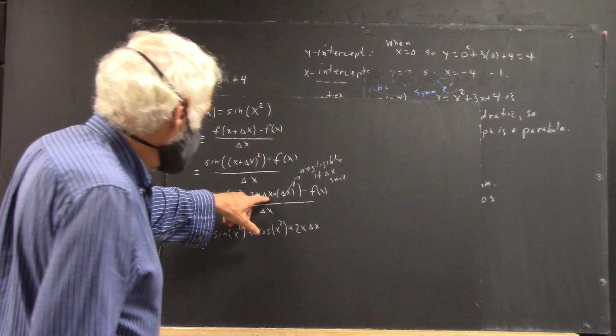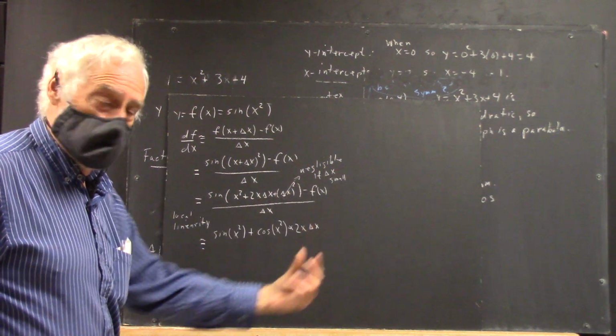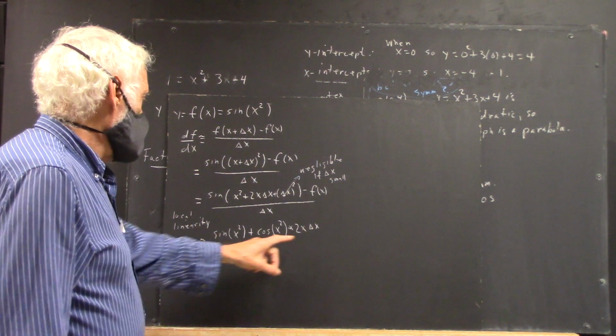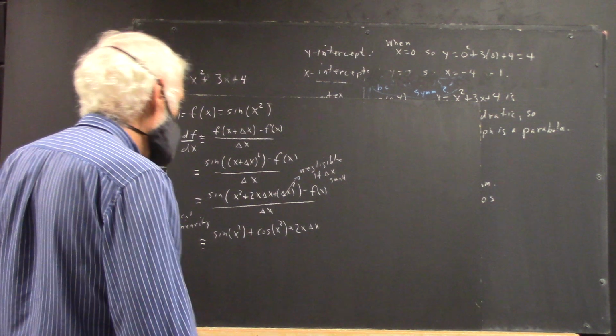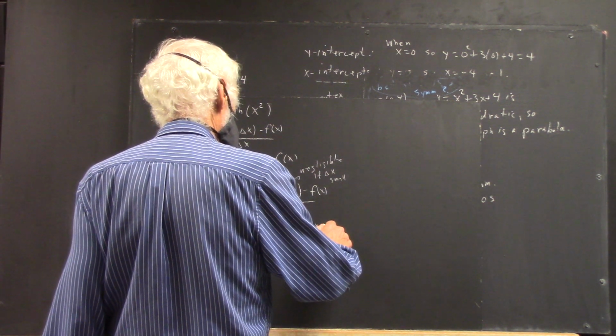If delta x is small enough, 2x delta x can be really tiny. So we just use local linearity to get this. I might talk a little bit more about local linearity.